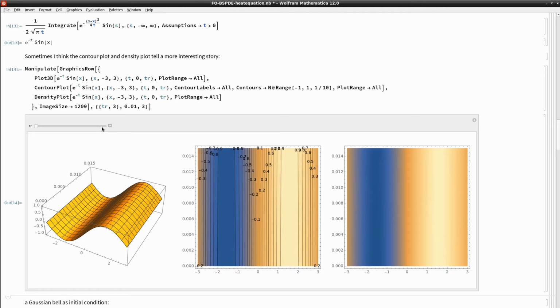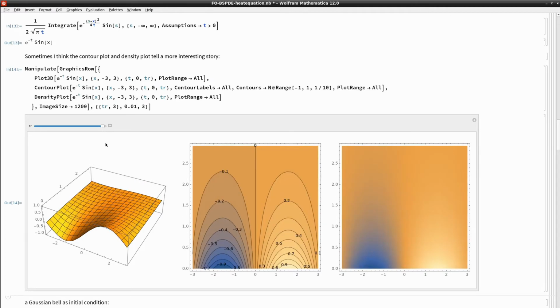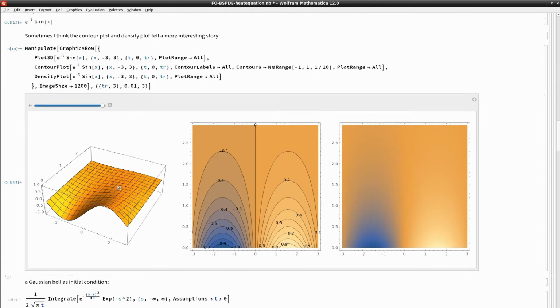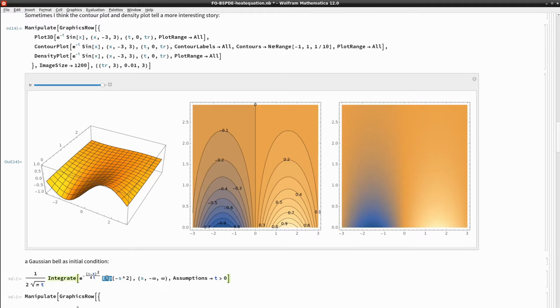But if we let time progress, we see that things smooth out, things diffuse away, and everything becomes a bit of an average or a smooth level surface where there are no longer any major ups and downs, not any major differentiations.